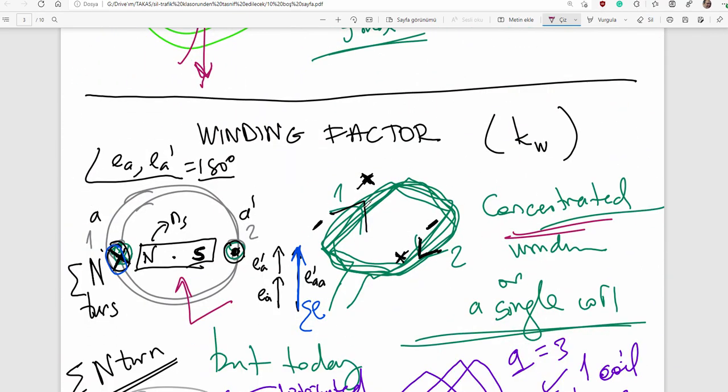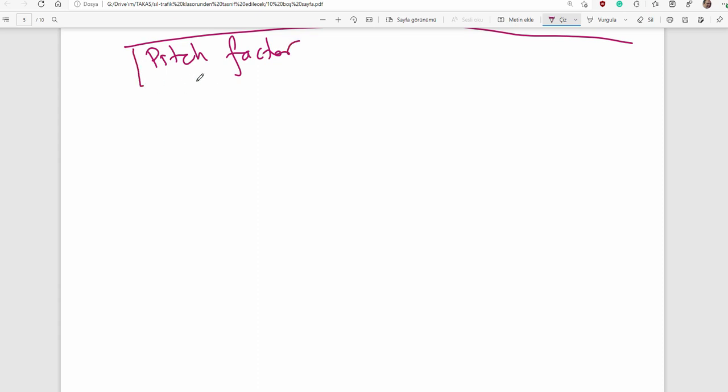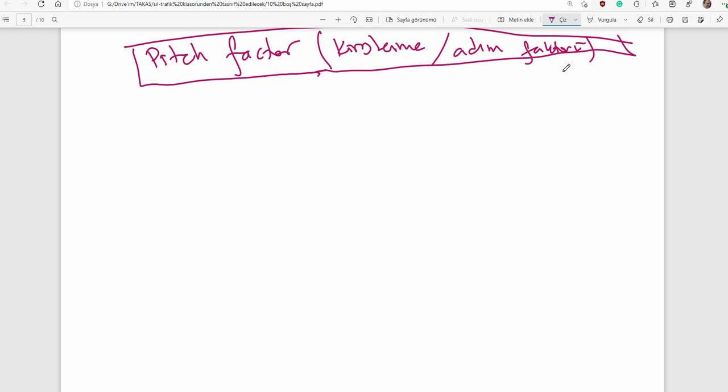Here we explained distribution factor, and the second factor is pitch factor.